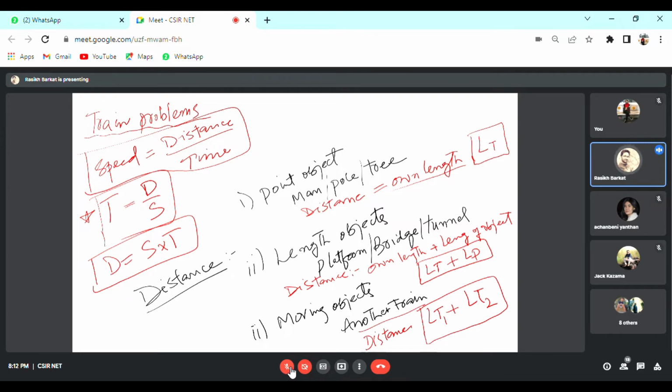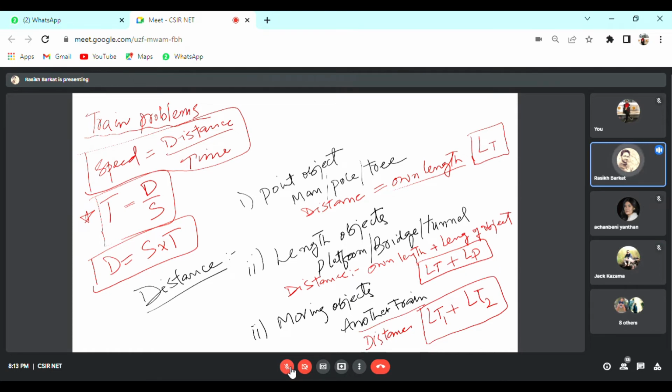However, if the moving object is a point object, then the distance will be only the length of the train. Is this clear? Yes, sir. Right. So there is absolutely no problem up to here.